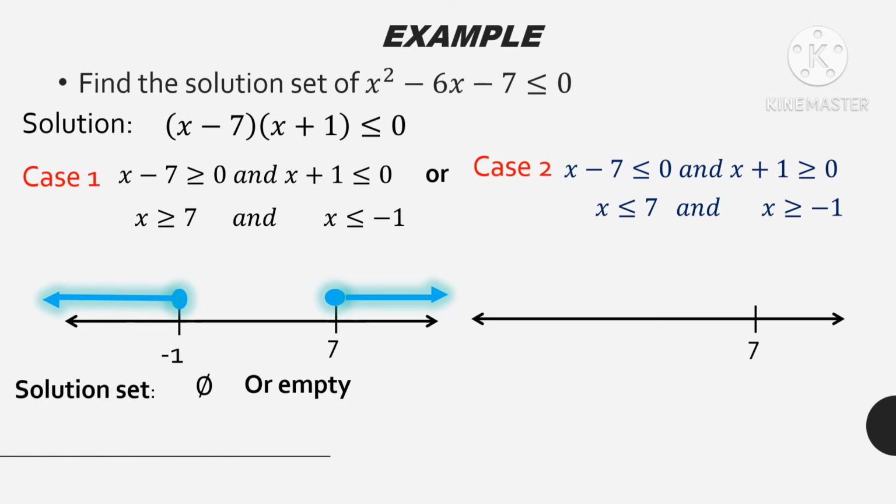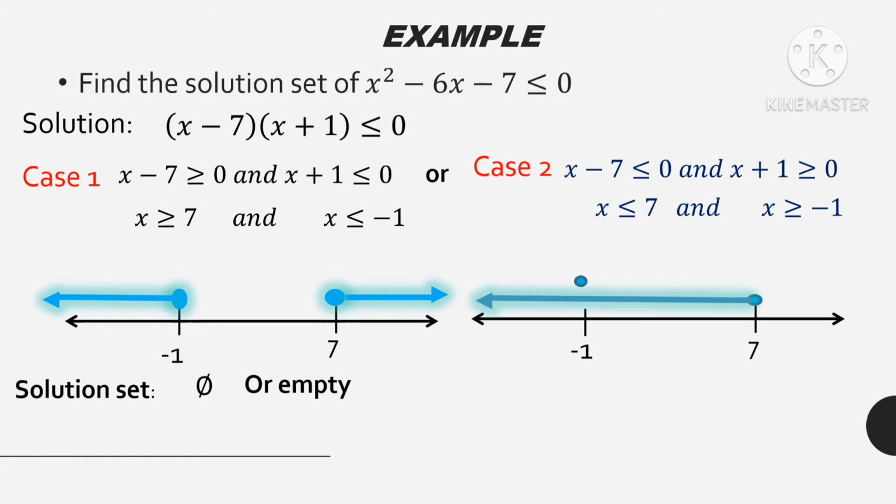Then your 7 is a part of the solution because the given is non-strict inequality. So we have closed circle. So x less than or equal to 7, meaning the graph is going to the left side of 7.